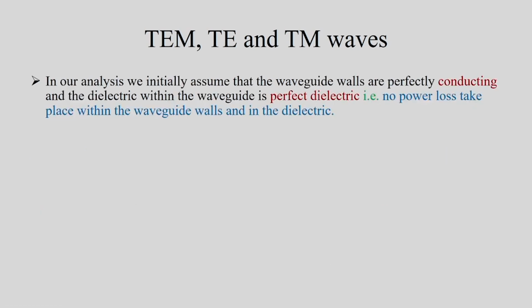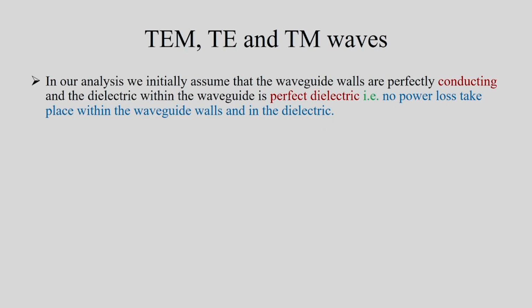Now, while doing the waveguide analysis, we assume that the waveguide boundaries are perfectly conducting and the dielectric region that is enclosed within this metallic boundary is a perfect dielectric.